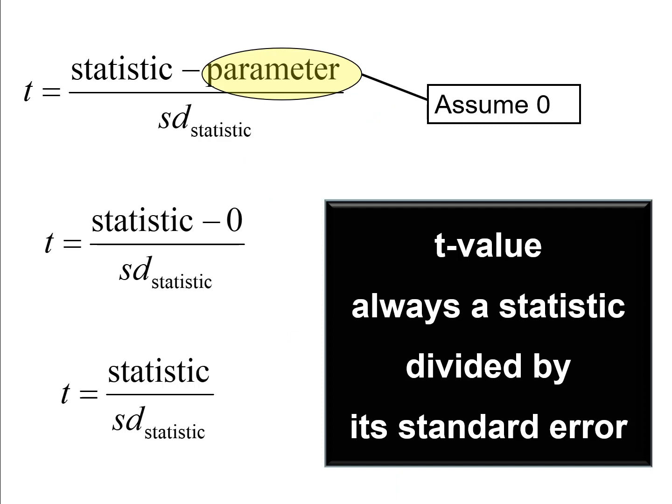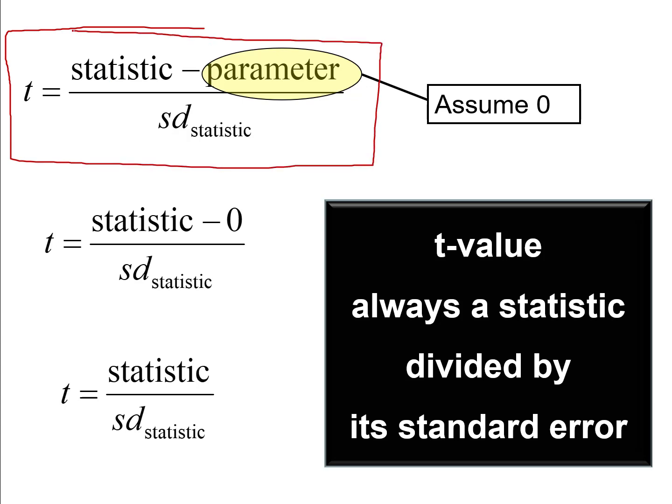Now, notice what is happening to our formula for a t-value if we assume that the null hypothesis is true. Up at the top, I have the general formula for a t-value, the one I showed you before, where we take a statistic, and this could be a mean, or a mean difference, or a correlation, or a beta weight.